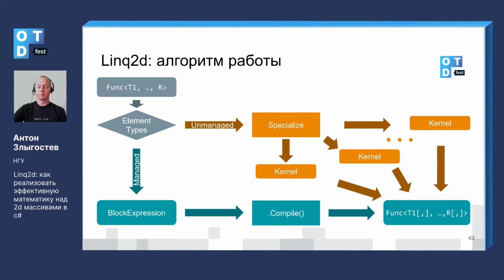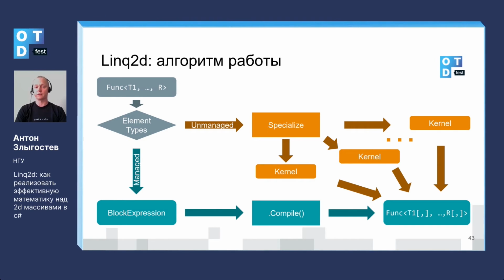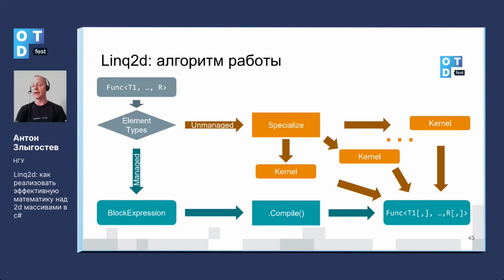So how does it work inside? Linq2d takes our core filter, a function that consists of the elements of the array, and converts it into a function that takes the arrays of the needed types and returns a number of arrays of the needed types.